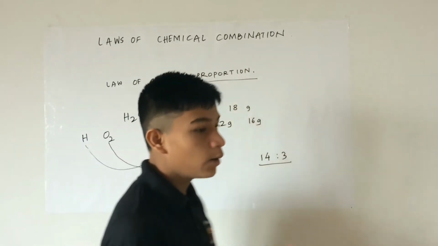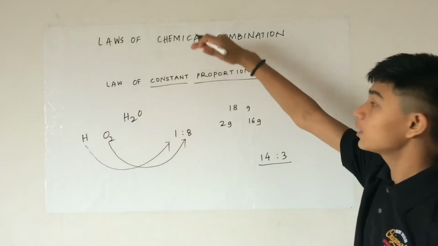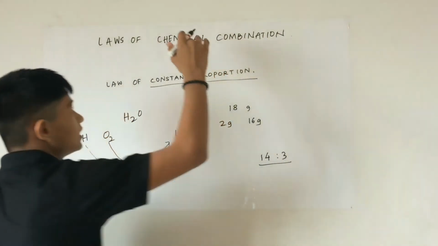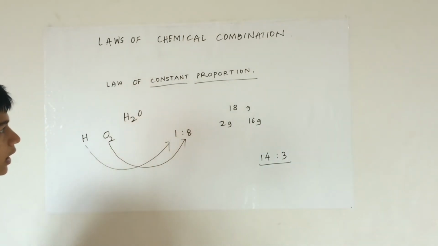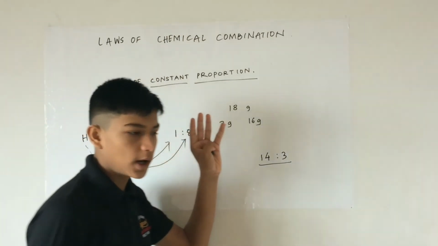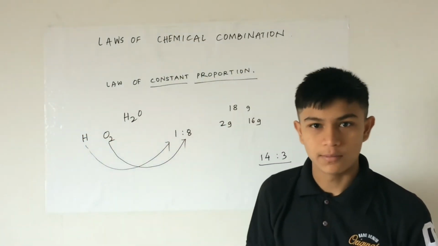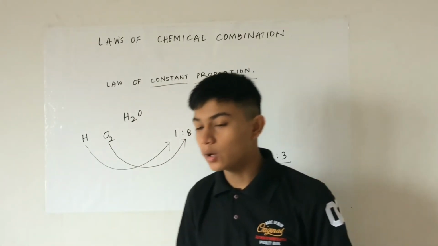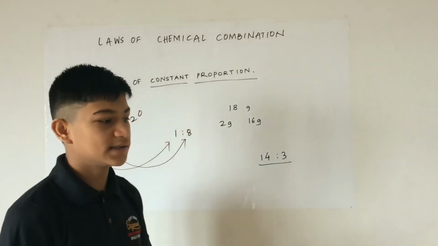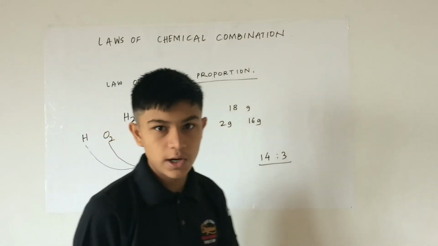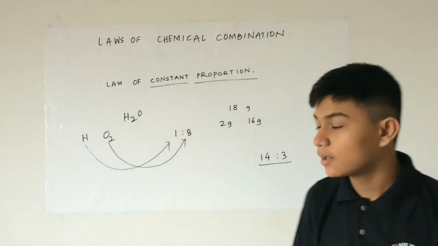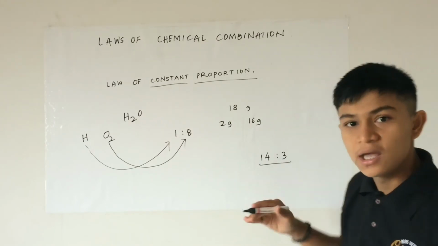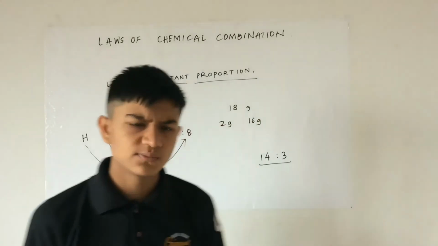So this is how chemical combinations and chemical reactions work. I can also say this is how compounds are formed with the help of elements and masses: how they combine, how they react, how mass is not created or destroyed, and how there are constant proportions of their masses.